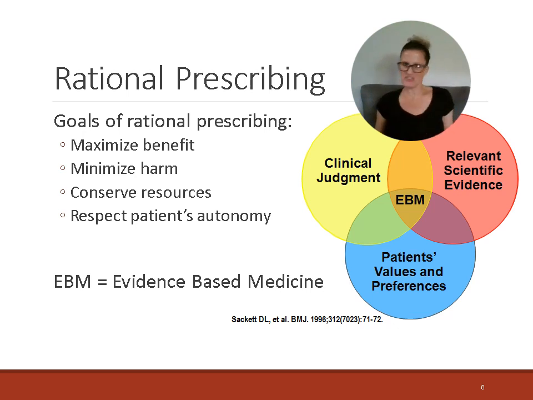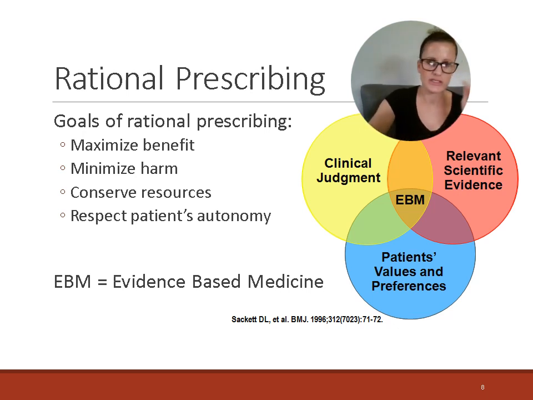This is essentially the definition of evidence-based medicine. Evidence-based medicine is where clinical judgment, okay, your clinical judgment, scientific evidence from clinical trials, and the patient's preferences all come together.